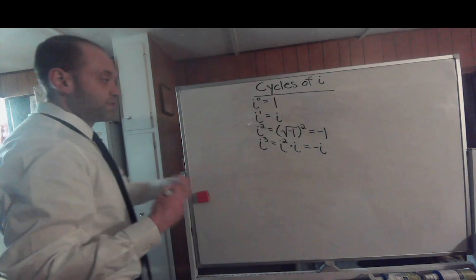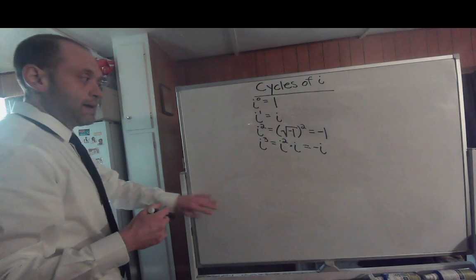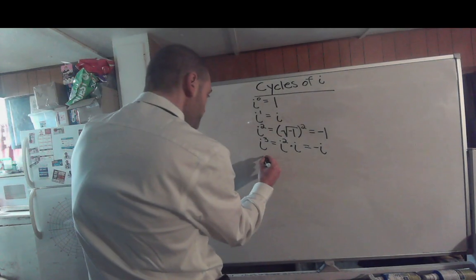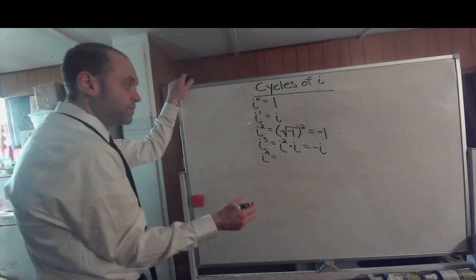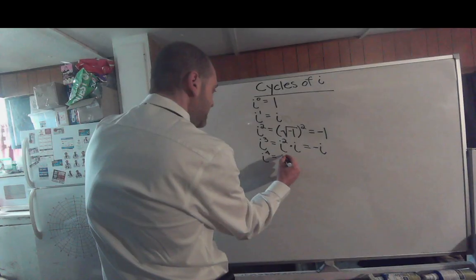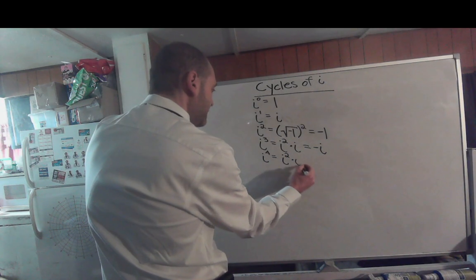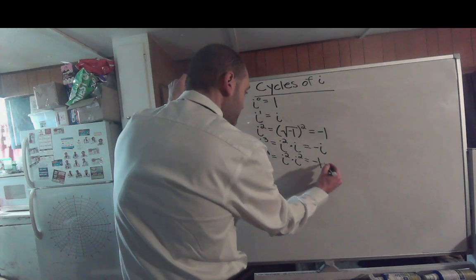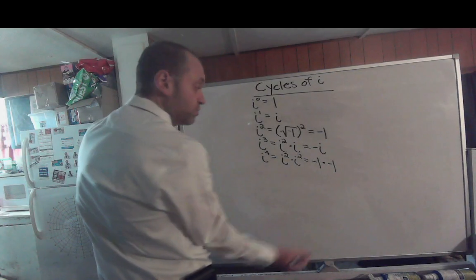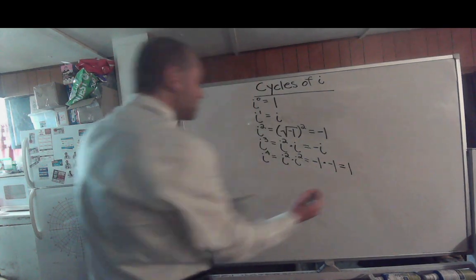So i to the third just equals negative i. Now i to the fourth. If you have i to the fourth, that's just the same as i squared times i squared, which is the same thing as negative 1 times negative 1, which would give you positive 1.